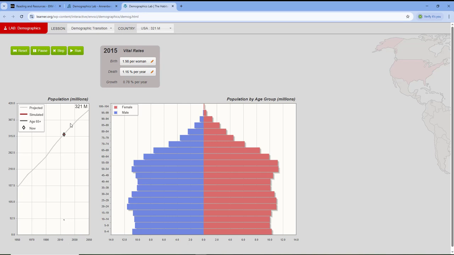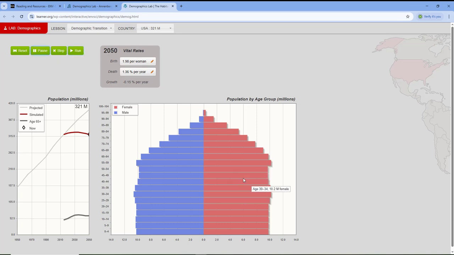So it's projected, and then we can run the simulation. Let's go ahead and pause it at 2050, and you can see what's happening to the shape of this age structure model. You can see that the growth rate has actually declined.